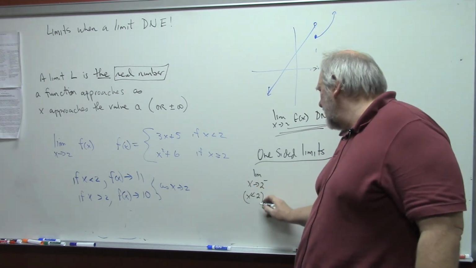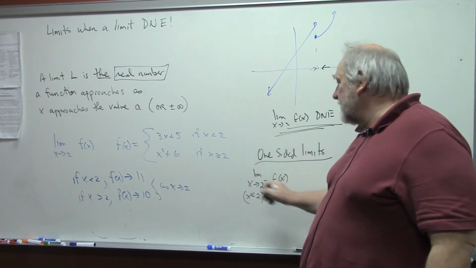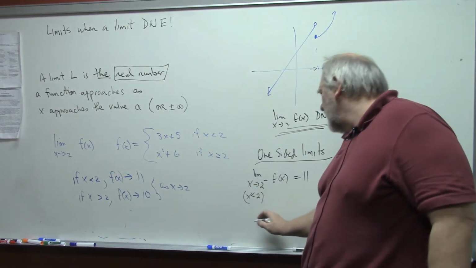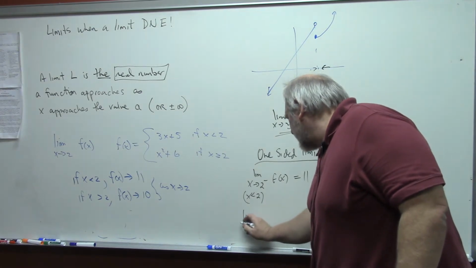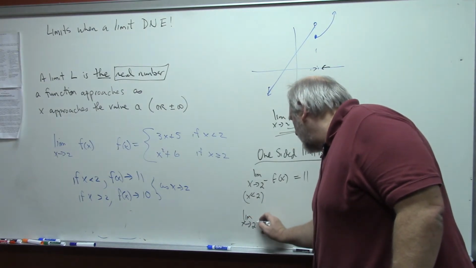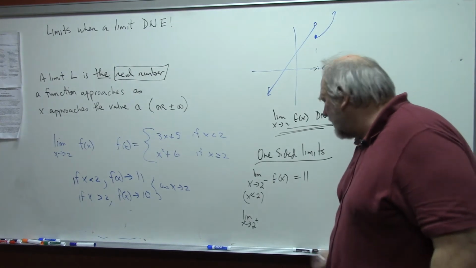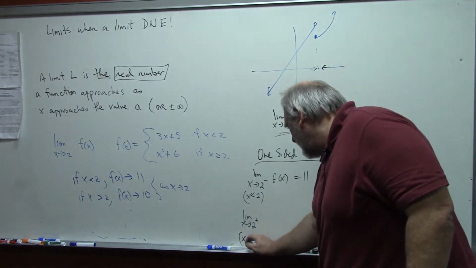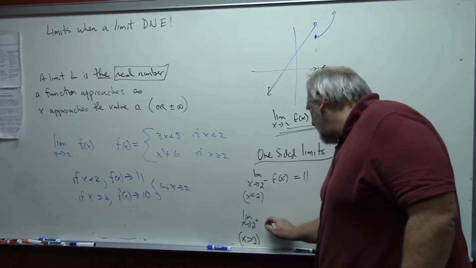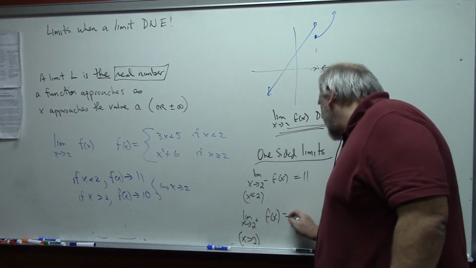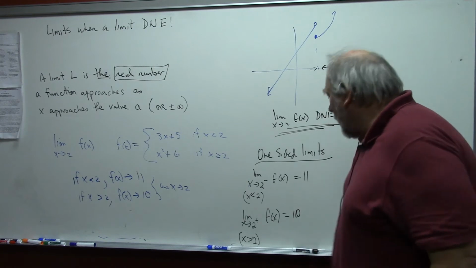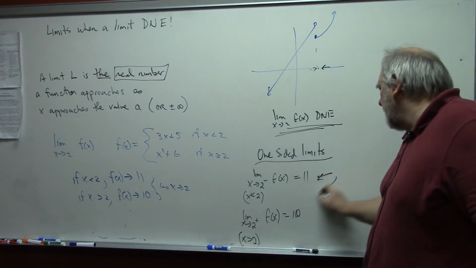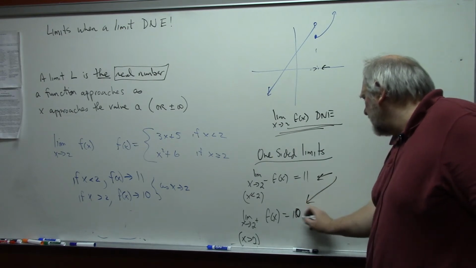That value does exist. That value is 11. The limit as x approaches 2 from the right, with a plus as an exponent, that value is 10. These one-sided limits exist.